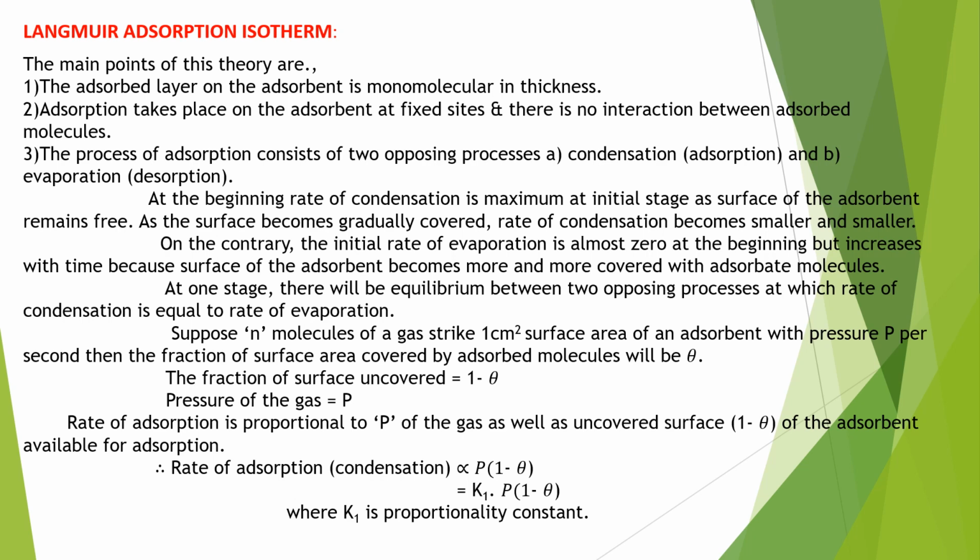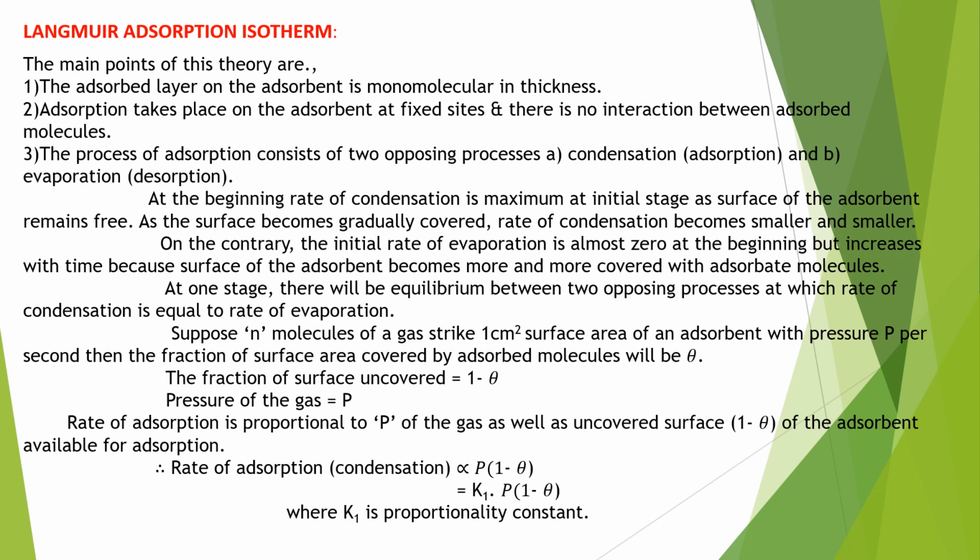Again, let us assume n molecules of a gas strike the surface of an adsorbent whose surface area is how much? 1 centimeter square, with a pressure P per second. Then the fraction of the surface area covered by the adsorbed molecules will be theta.